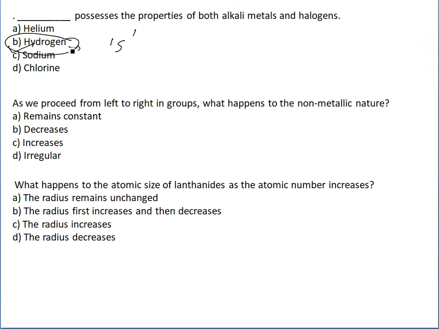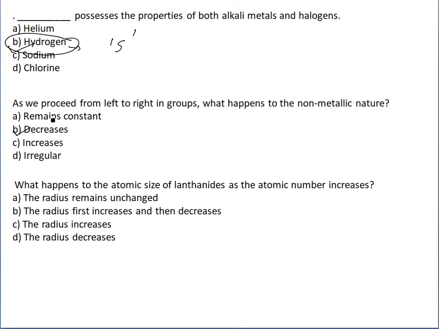Okay, as we proceed from left to right in group, what happens to non-metallic nature? Non-metallic nature, ability to gain the electrons is considered as a non-metallic nature. It will decrease.